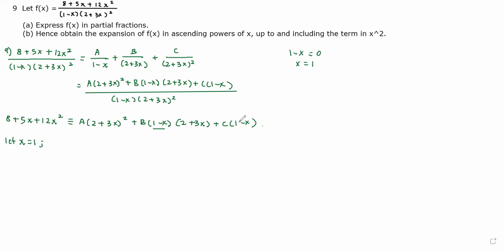Similarly, the C term is gone. We are left with the A term. When you replace x with 1, we have 2 plus 3 times 1, which is 3, squared, times A. This equals 8 plus 5 times 1 plus 12 times 1 squared. So we have 25A equals 25, and A is 1.